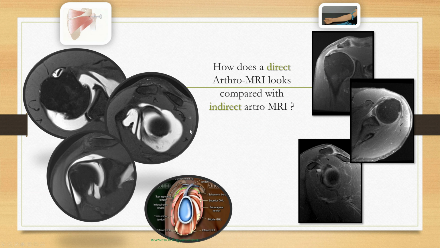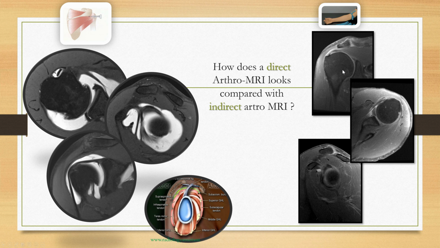How does it look? In direct arthro MRI, it is like a page in a book, you see everything. You see the labrum, you see the posterior labrum with a tear here, you see cartilage very well, a cartilage lesion here, you see the bicipital tendon and potential SLAP lesion, you see distension of the joint.